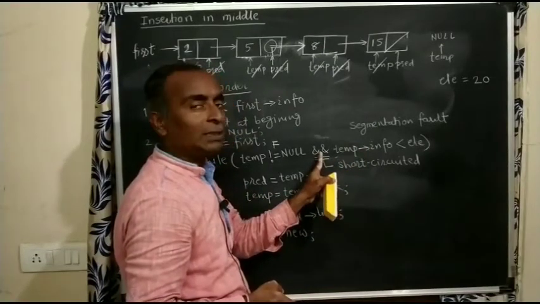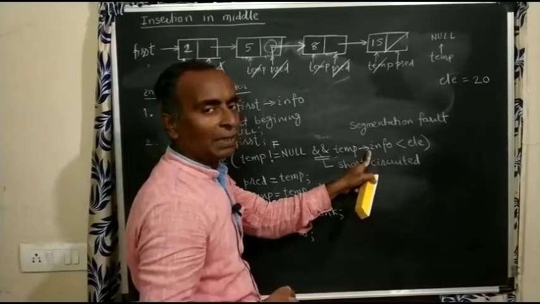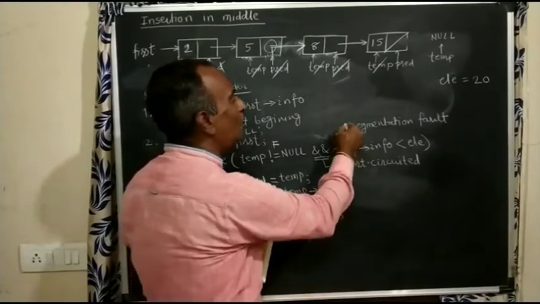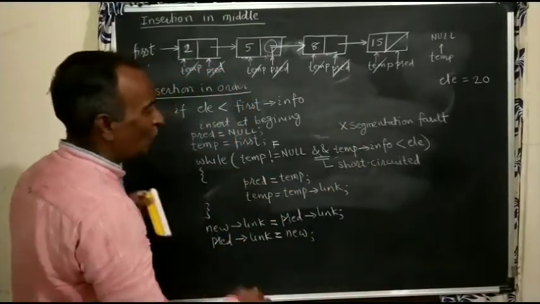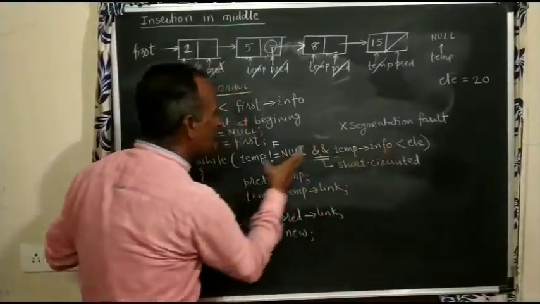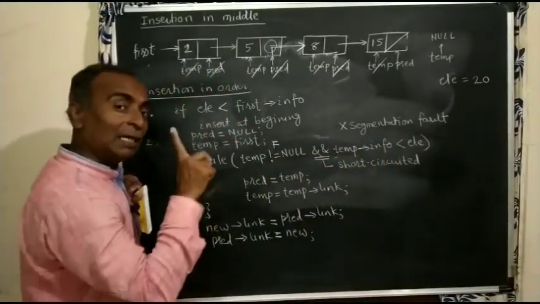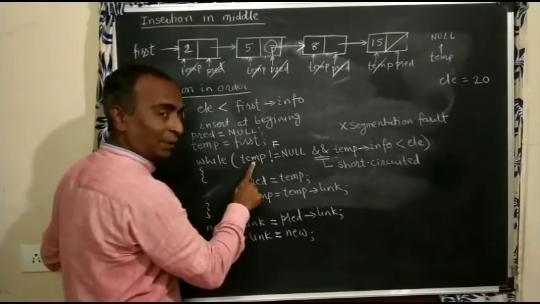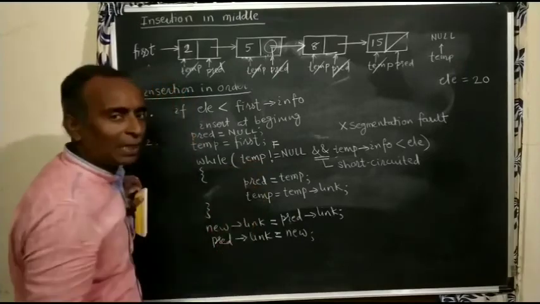Means when it is not evaluated, there is no problem, there is no segmentation fault in that case, right? So if you write this condition first and this condition later, what will happen? There segmentation fault comes. But we are checking first with null. If null, this will be false, it will come out directly.